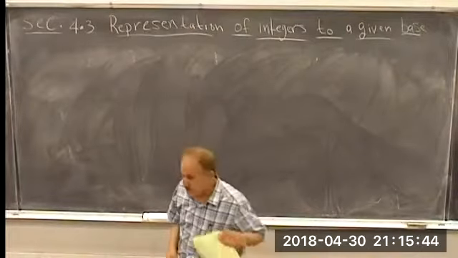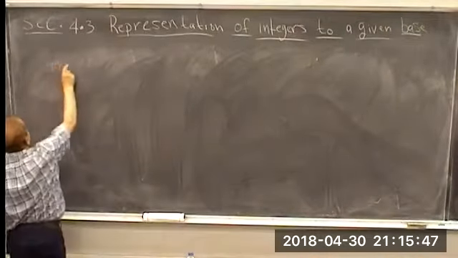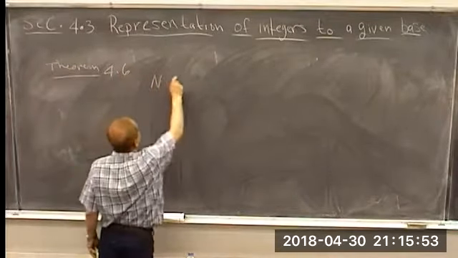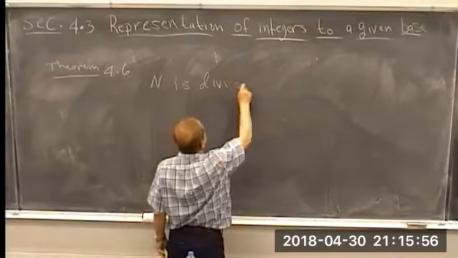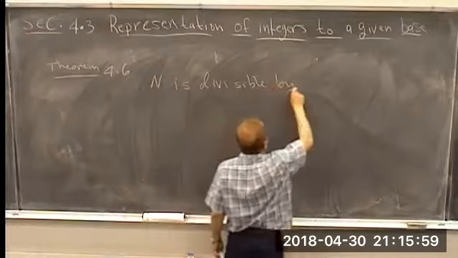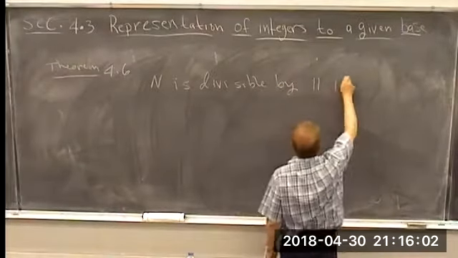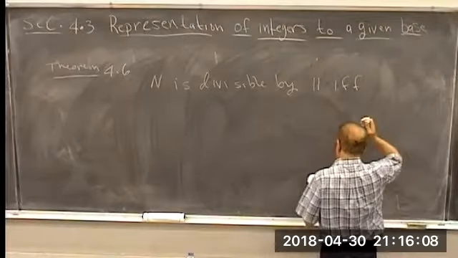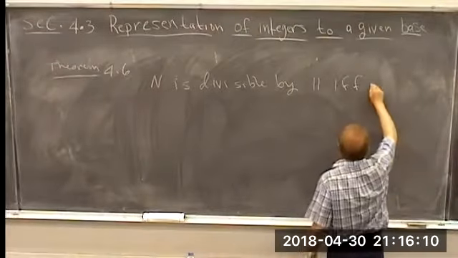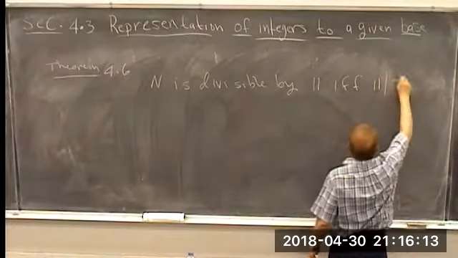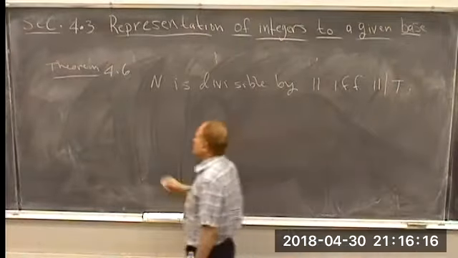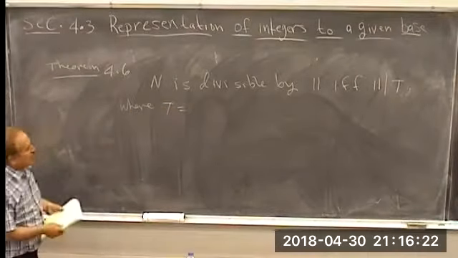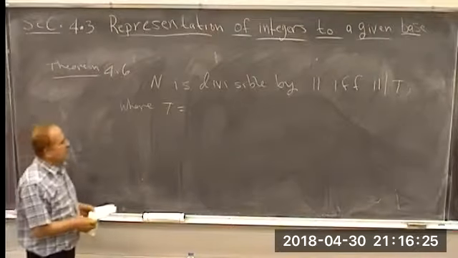So this is theorem 4.6. n is divisible by 11 if and only if 11 divides t, where t is the sum of the digits using alternating signs.